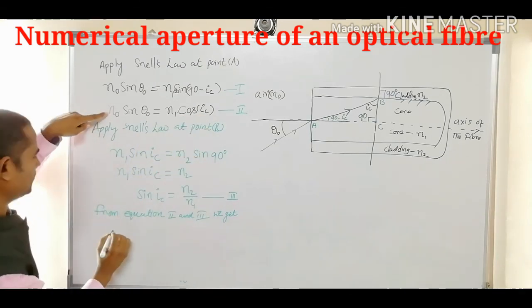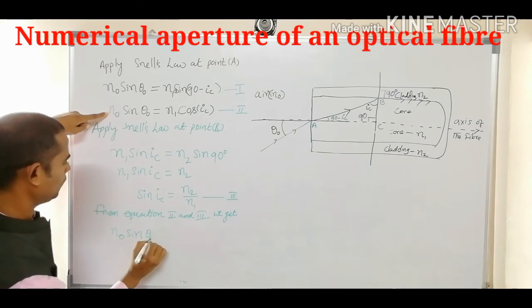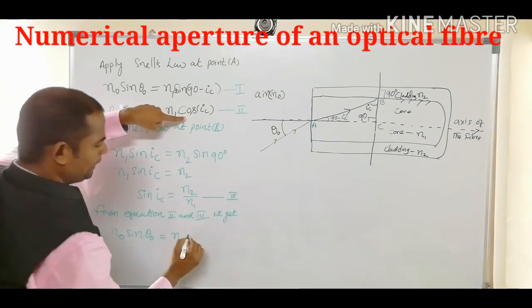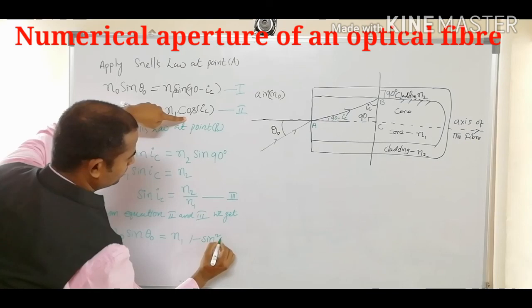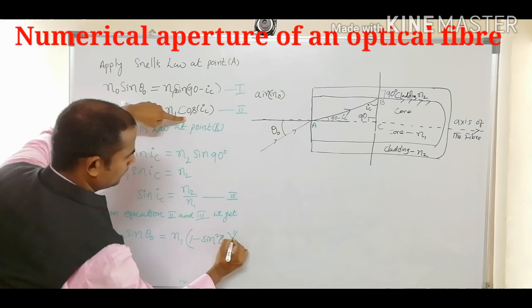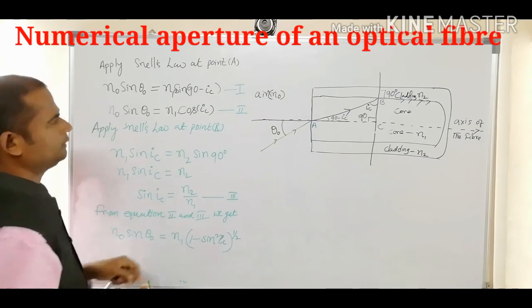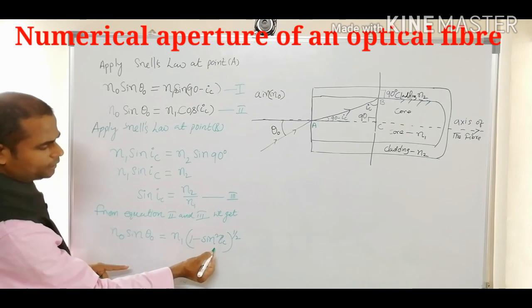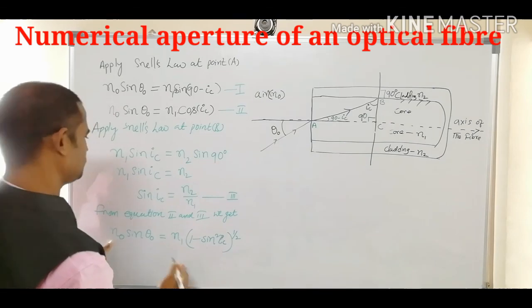So this equation: n naught sine theta naught is equal to n1 cos IC, and cos theta can be written as the square root of 1 minus sine square IC, because sine square theta plus cos square theta is equal to 1. Now we substitute equation 3 in this instead of sine square IC.